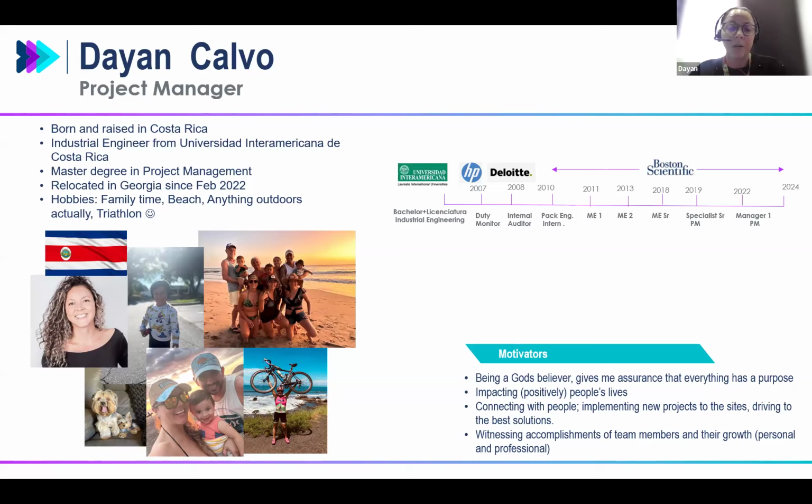The site in Alpharetta, which is where I'm based right now in Georgia, is an acquired site. It started as a very small site from another company. Right now it has the BSC standards, and it has been transitioning to that BSC mode, that I like so much, and that you will see in a moment as well.